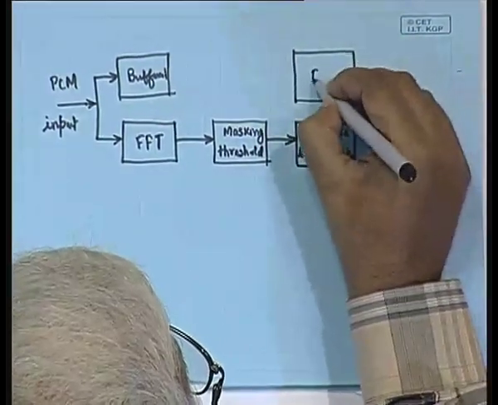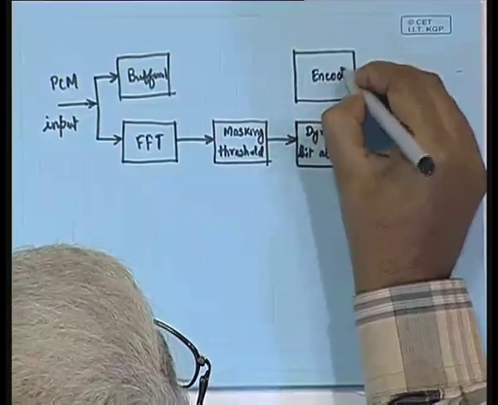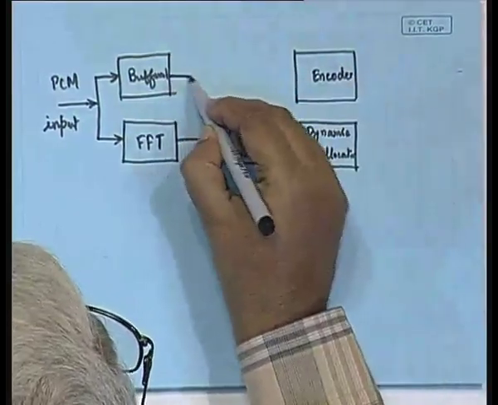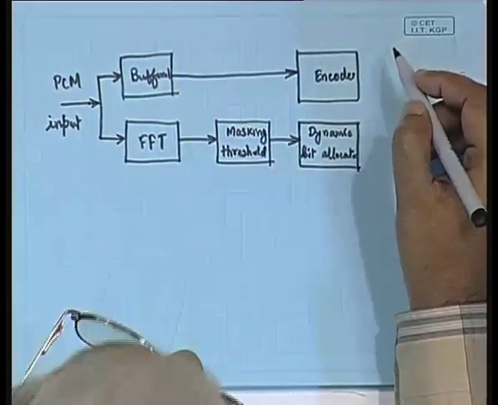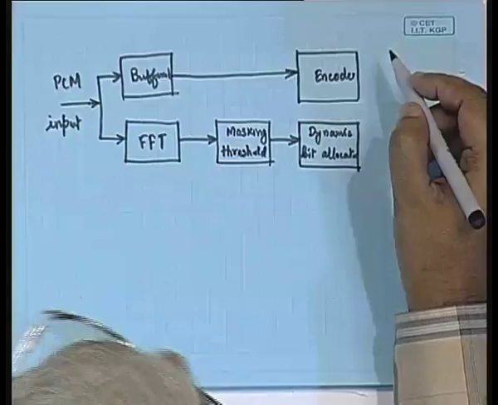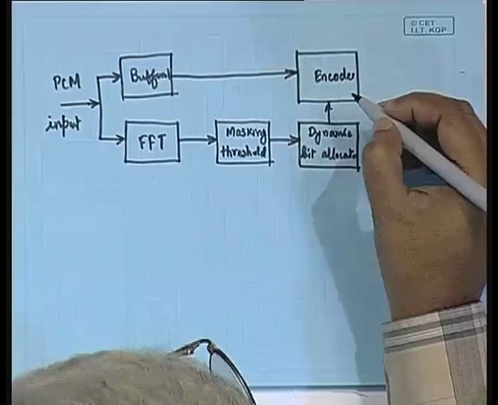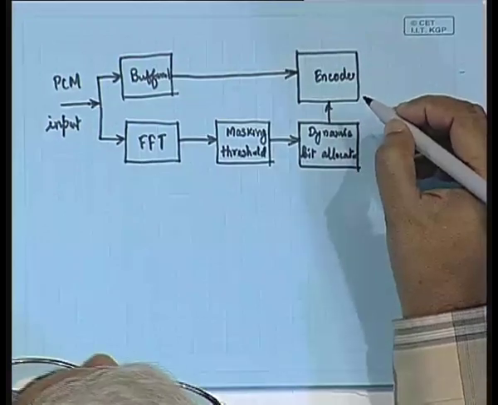So, there will be an encoder. All the buffered samples will be encoded, but how many bits will be allocated to the encoded samples will be decided by the dynamic bit allocator.